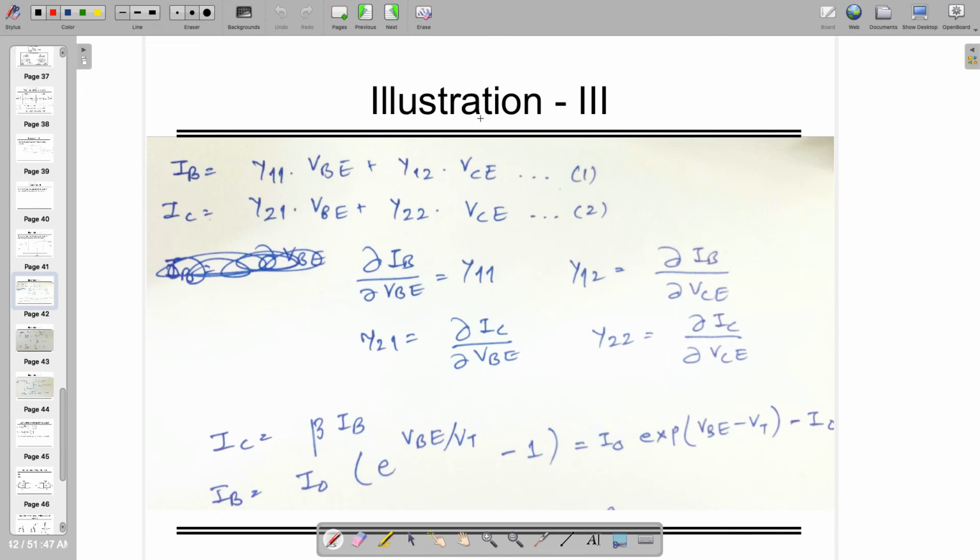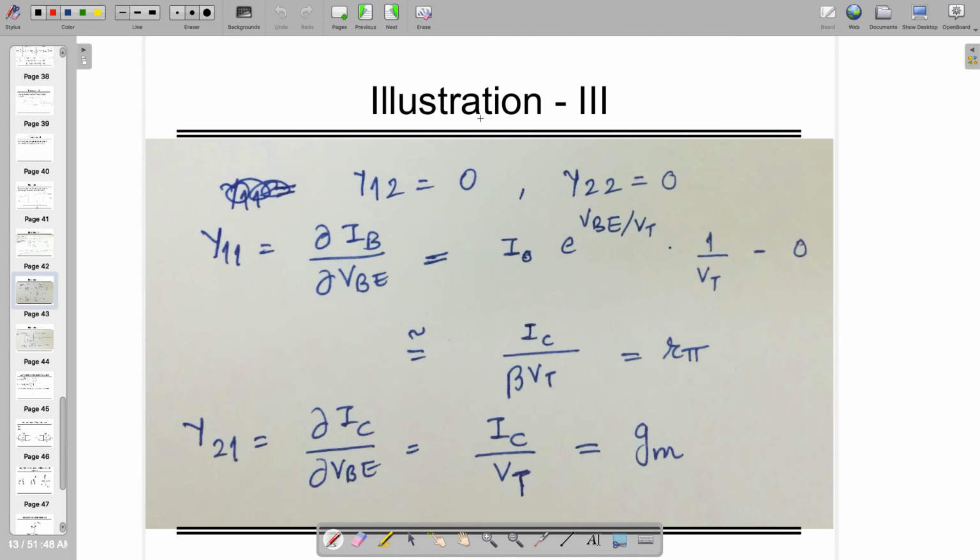I hope I have not made any mistake. So minus 1 equals to 0.